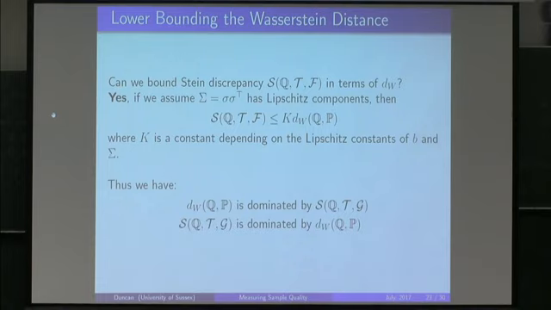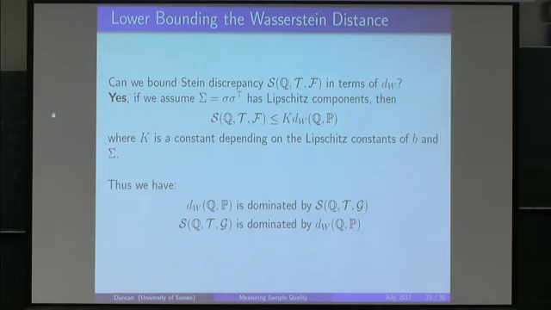But of course, we want those to be equivalent. So the natural question then is, if the Wasserstein distance goes to 0, does the Stein discrepancy go to 0? And the answer is, if we have some additional constraints on the diffusion coefficient that we choose, and remember, this is something that we choose ourselves, it's arbitrary, it's not related to the dynamics of, for example, our ensemble distribution, then yes, we also have a bound from above.